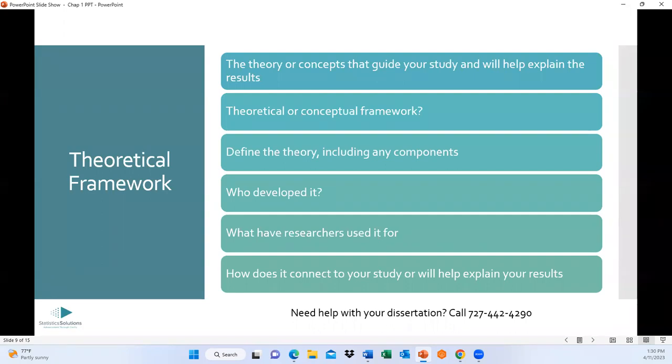Define it. Talk about how it's been used in the research, then talk about how it relates to your study. And also, what's important about the conceptual framework in relation to the qualitative study is that it will help guide your interview questions.